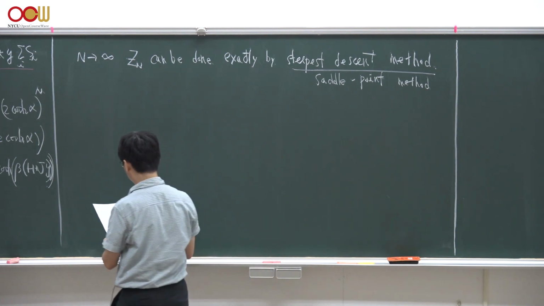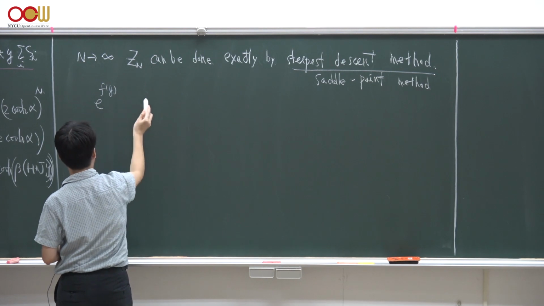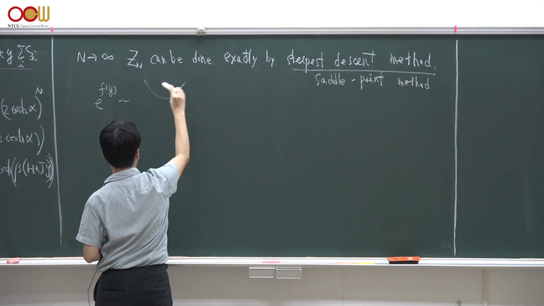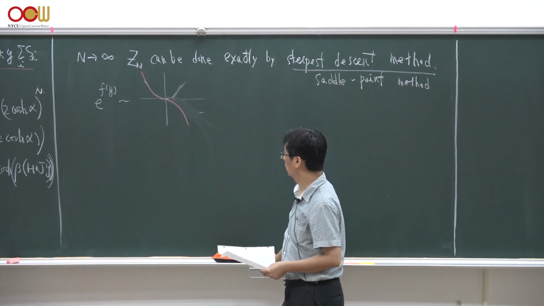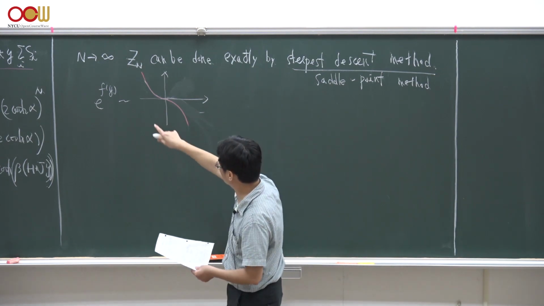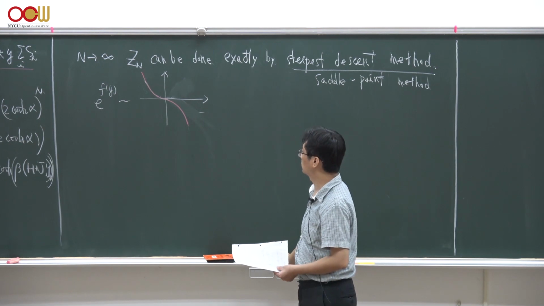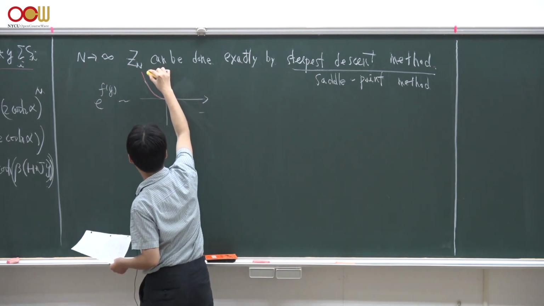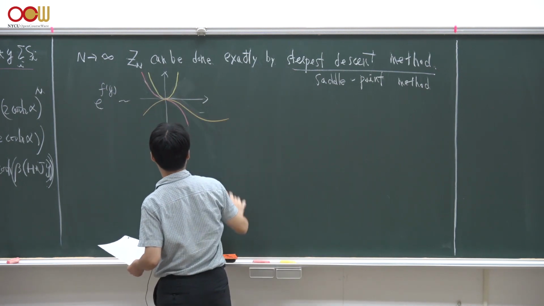In other words, this function e to the f of y may have some saddle point like this. Of course, you could check the plots of this f function by computer or Mathematica, but this is just an example that you may have a functional form like this, with minima, or maybe a maxima.